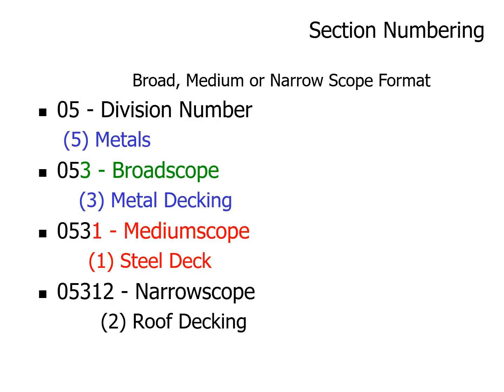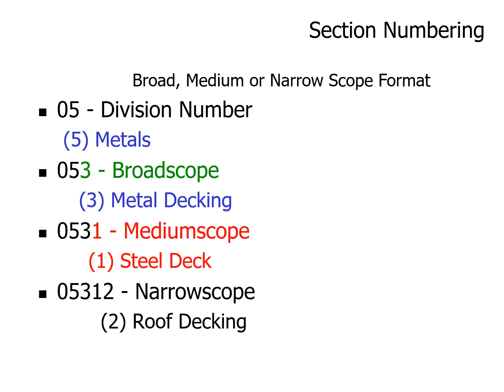And again, section numbering, section 5, that would be the division number. Like 5 is metals. Then you have 053. Now, 5 is metals, 3 is a broad scope, which covers under it metal decking. Okay. Then you have 531, and that's the medium scope, steel deck.